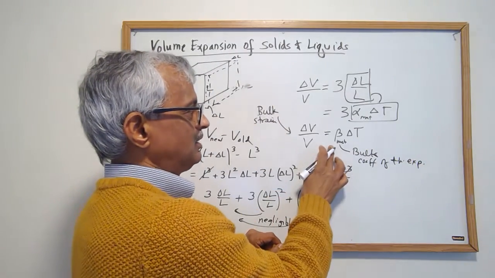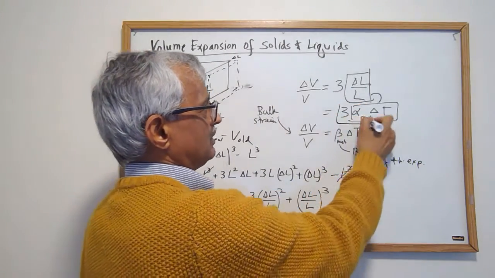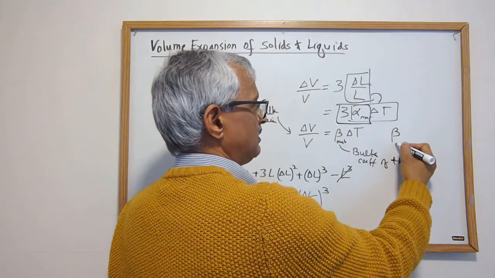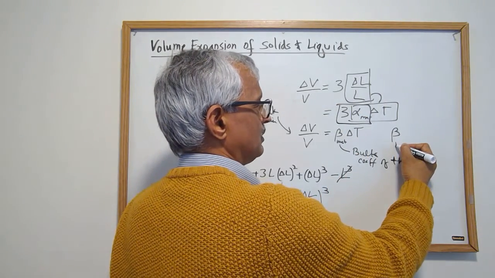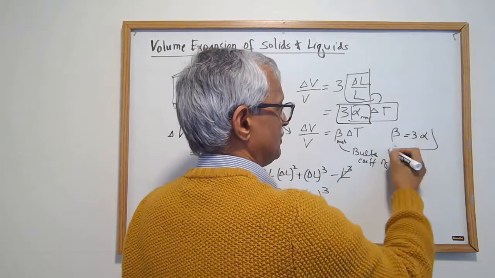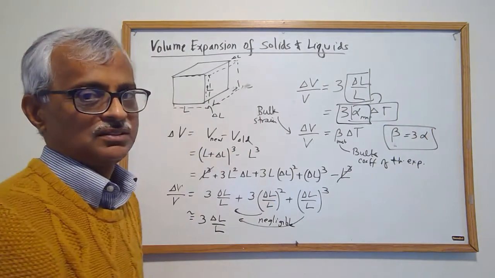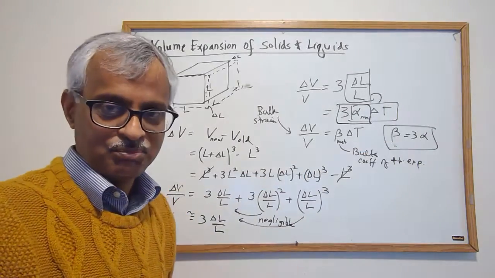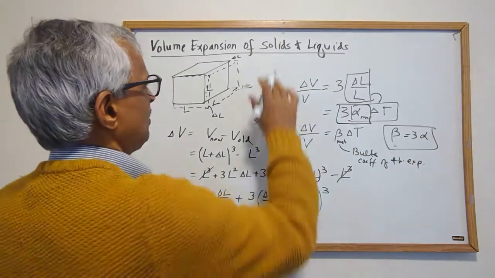And you can see the beta will have to be equal to 3 alpha. So beta equals 3 alpha, just from this.